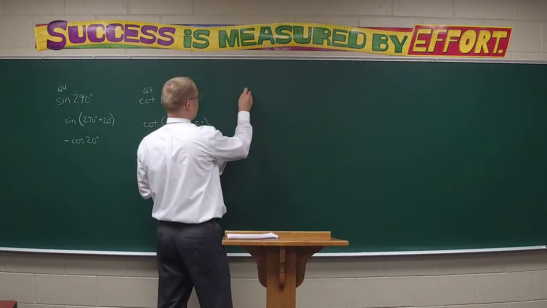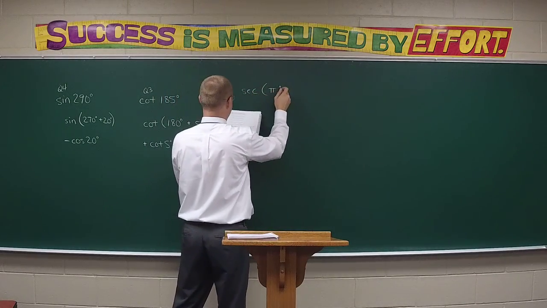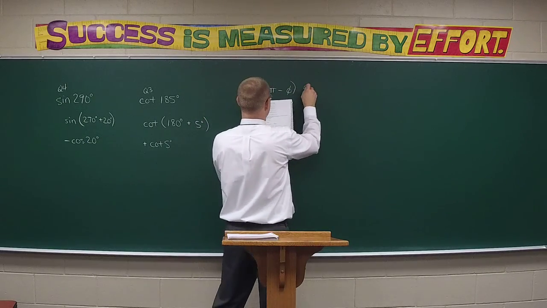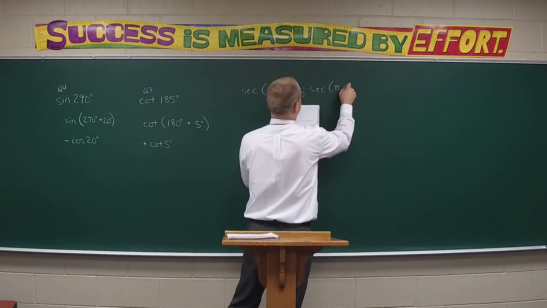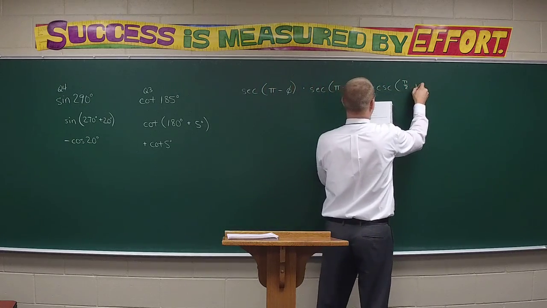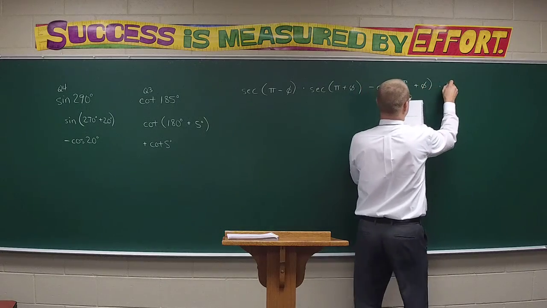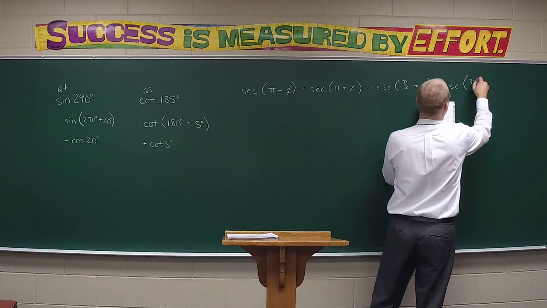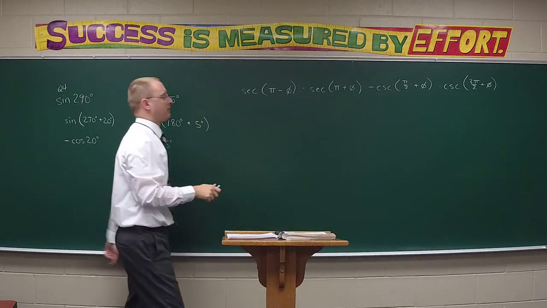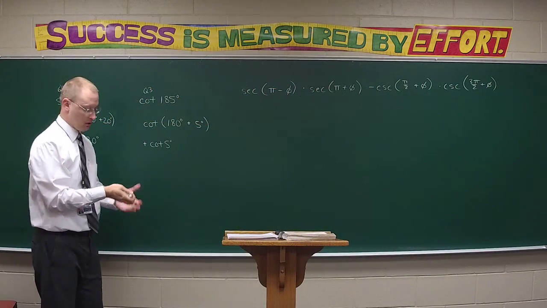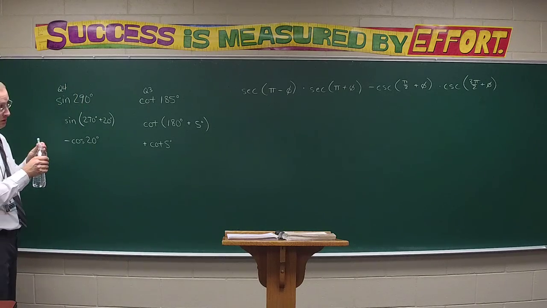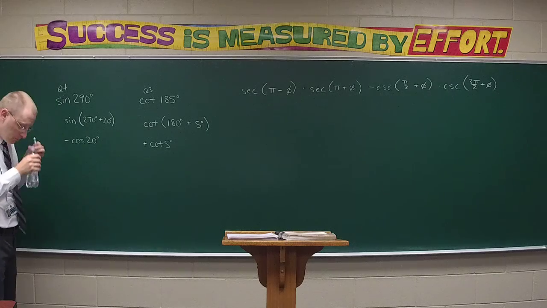We were given the secant of pi minus phi times the secant of pi plus phi minus the cosecant of pi over 2 plus phi times the cosecant of 3 pi over 2 plus phi. Jamie, walk us through the first step. I labeled which quadrant each one was in.